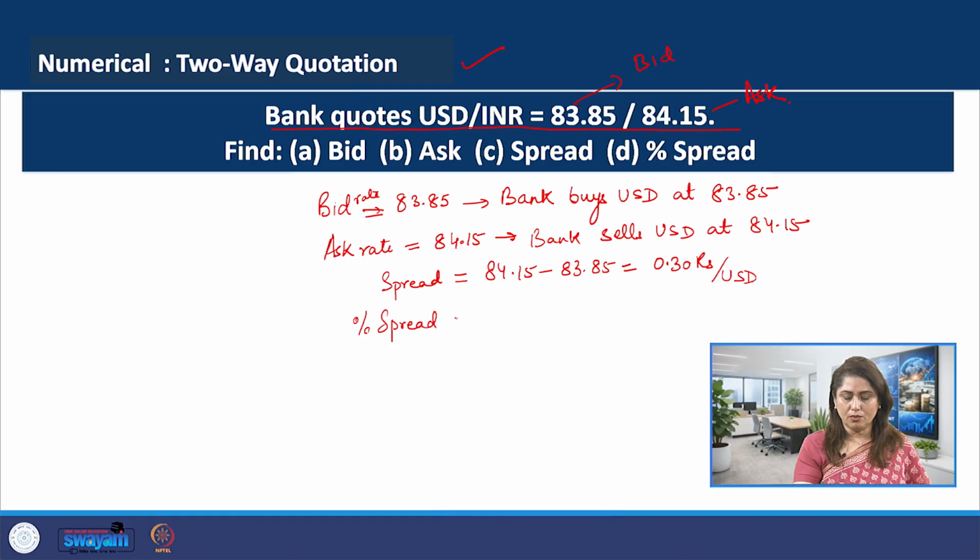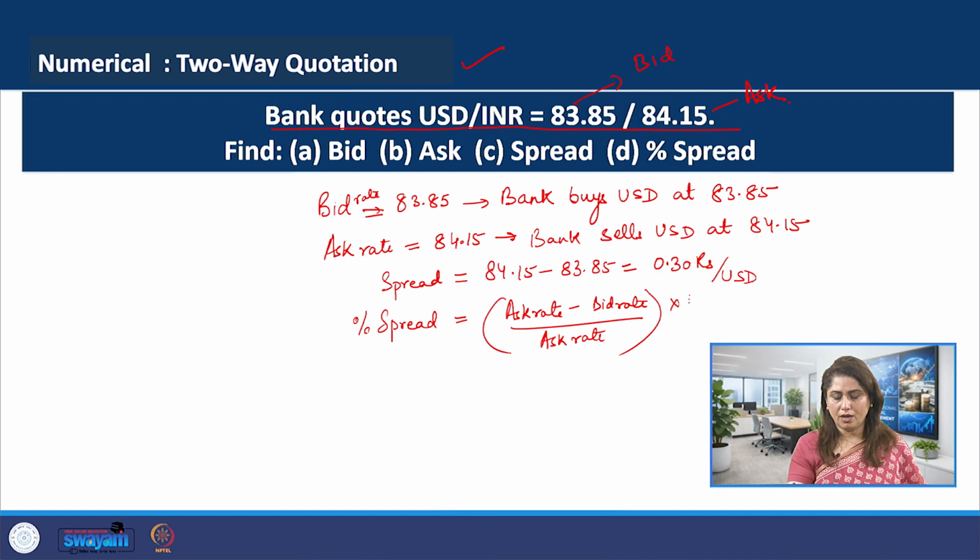Now if we have to calculate the percentage spread, then it is equal to ask rate minus bid rate divided by ask rate into 100. So here in this case it is 0.30, because this is actually the spread.